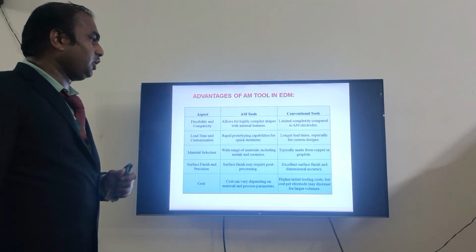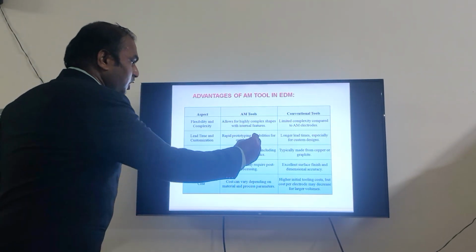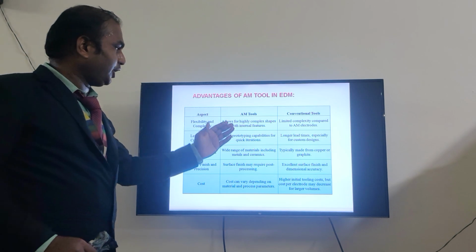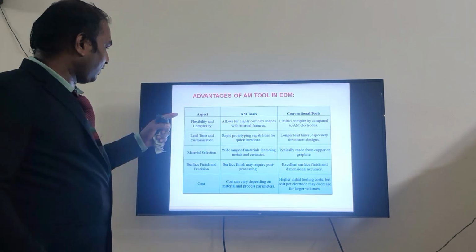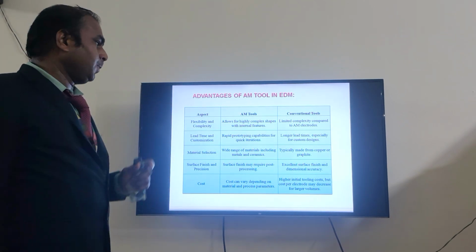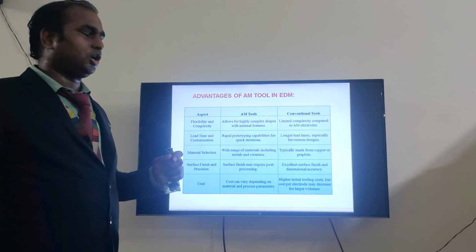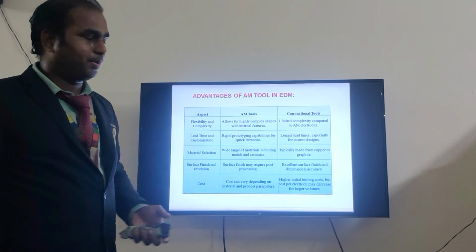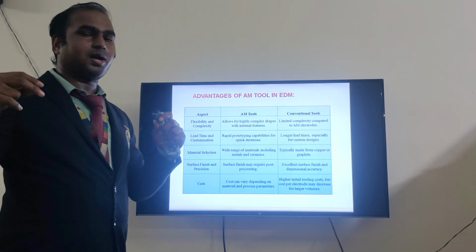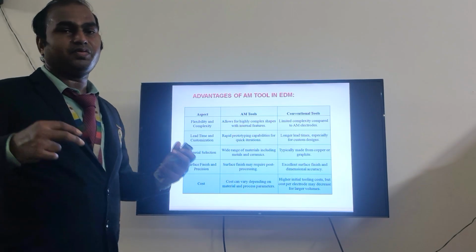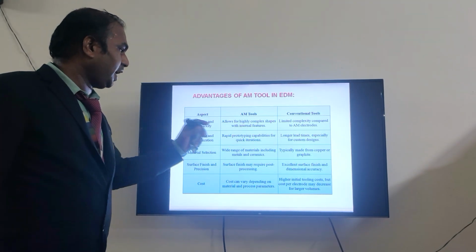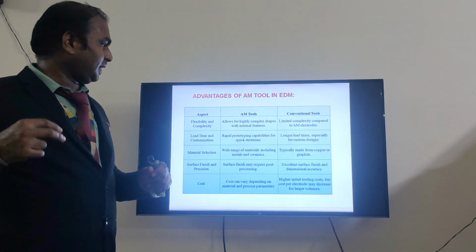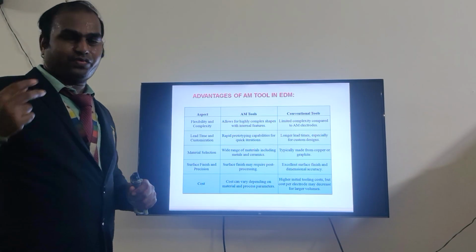First I'm going to explain two important comparative reasons: one is the additive tool, the other is the conventional tool. First is flexibility and complexity. The normal conventional copper tool has very limited complexity compared to the AM tool, whereas the AM tool can produce very complex geometries with internal features.